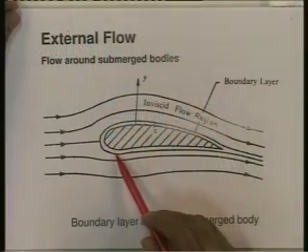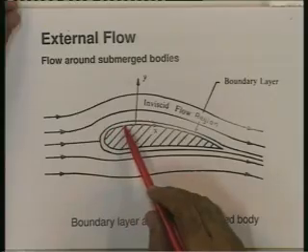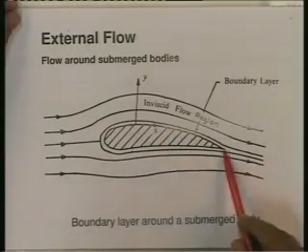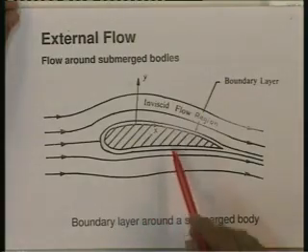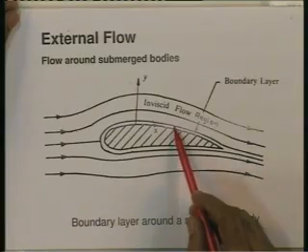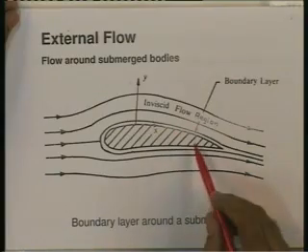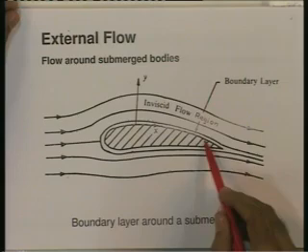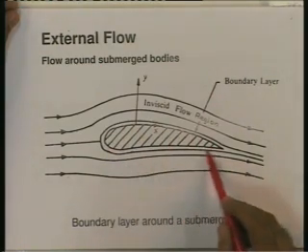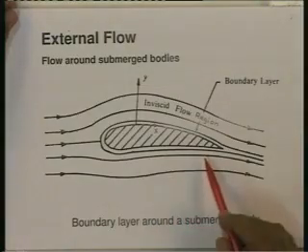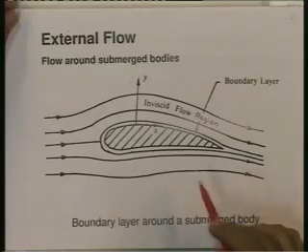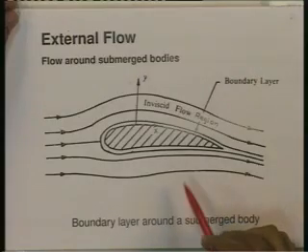Generally, the boundary layer is a small region surrounding the submerged body, and the effects of the presence of the submerged body, particularly the viscous effects, are felt in this small region known as the boundary layer. Whenever there is some sort of flow around a submerged body, a boundary layer will come into existence.